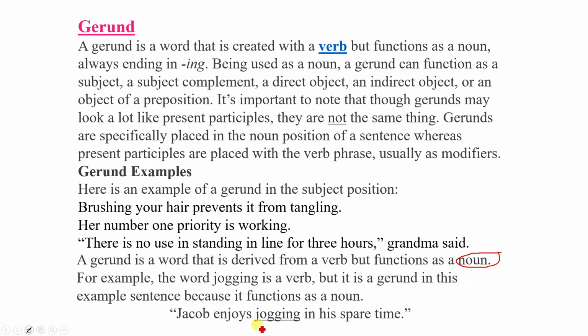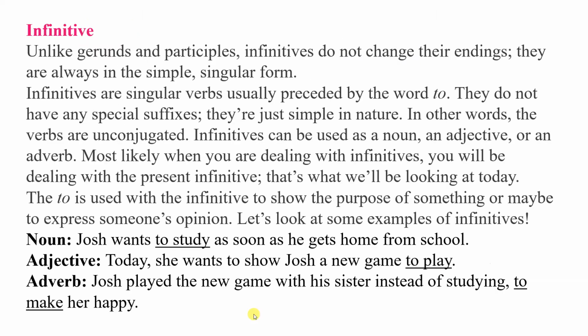Jacob enjoys jogging in his spare time. So jogging is the name of the activity which Jacob used to do in his spare time. So gerund is clear to everyone. It is the verb which functions as a noun. That means if any verb is acting as a name of anything, then it is gerund.